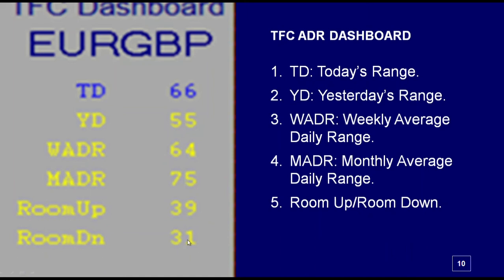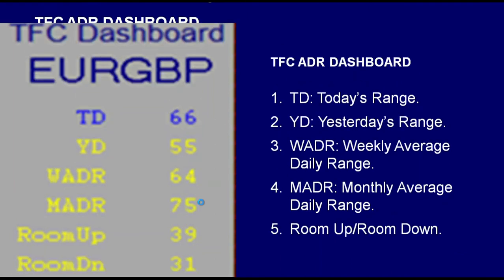Room up and room down, I'll come on to just a bit later in the presentation. But this basically tells you from where the price is now, how much room up you've got until it reaches its daily range, and how much room down it's got before it reaches its daily range. This is very useful to know.